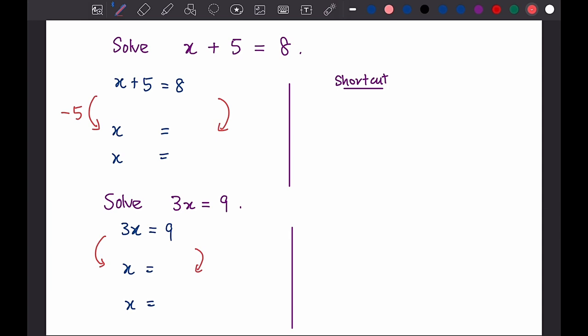When I take positive 5 plus a -5, that forms a 0 pair, and that removes the plus 5 there. Then we would also need to do the same on the right hand side. Remember, in order for it to be balanced, I'm going to need to do the same thing on both sides.